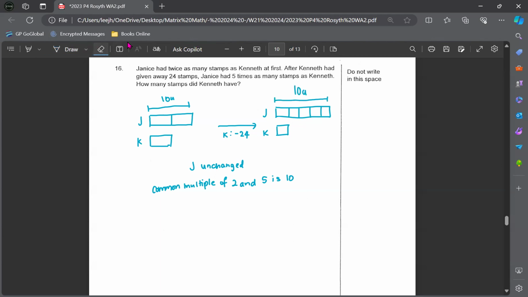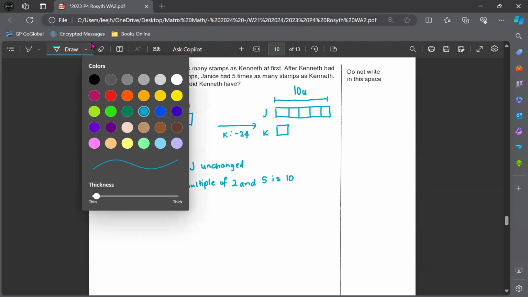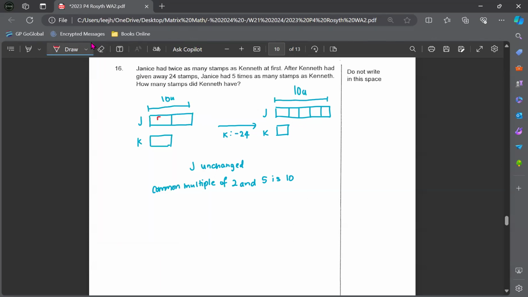So if this is 10u each, 10u here, 10u here, each one actually represents how many u here? 5. So Kenneth had 5 units at first. Now this whole thing is 10 units, each one will be how many units? 2 units. So Kenneth will be left with 2 units.